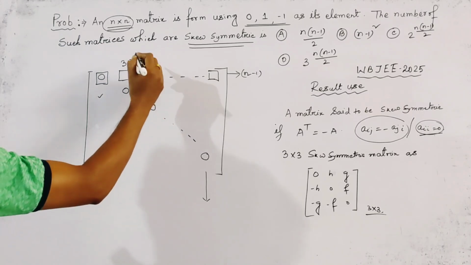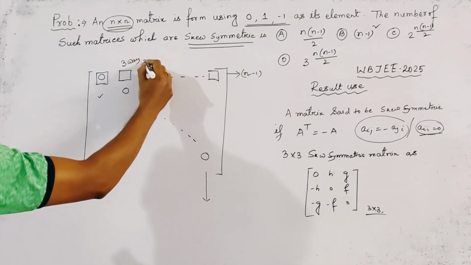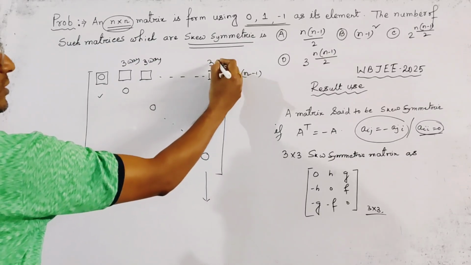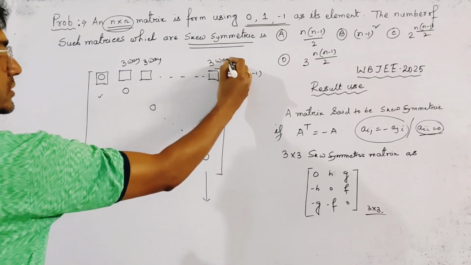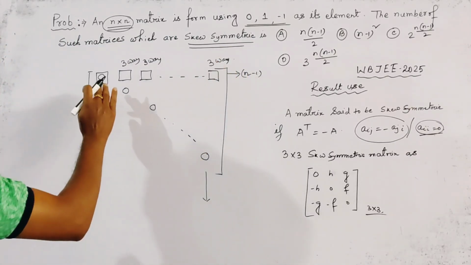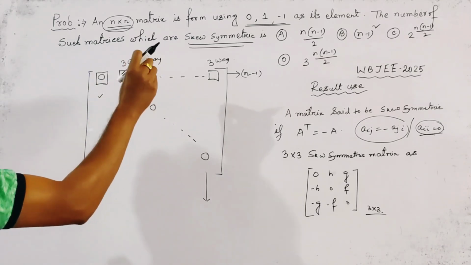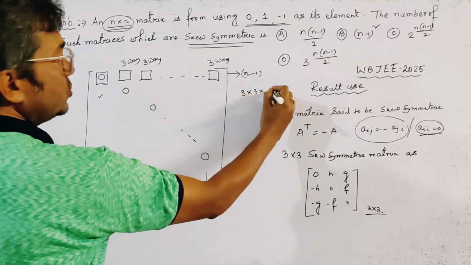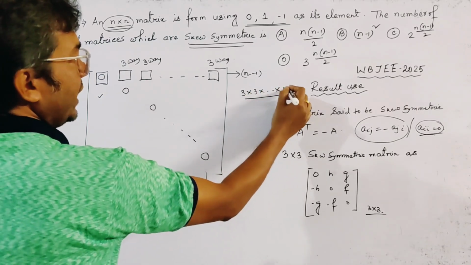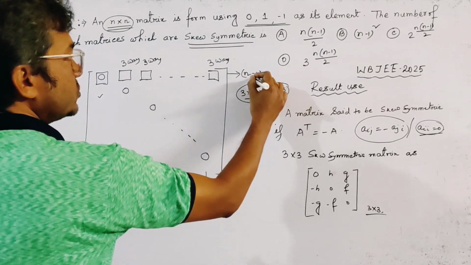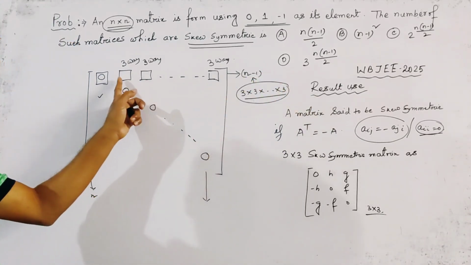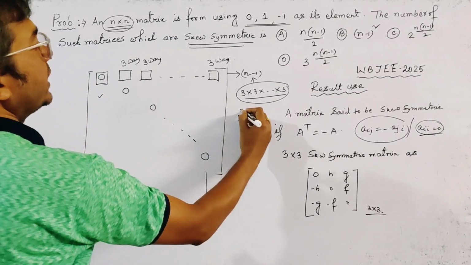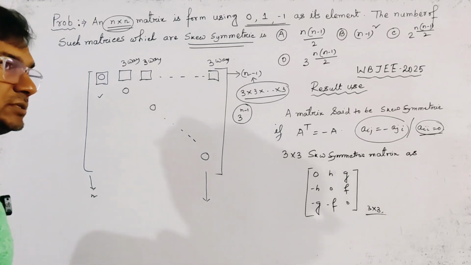Also this one is filled in 3 ways, and similarly this one too. So the total number of ways to fill the first row is 3 into 3 into 3, n-1 times, because there are n-1 blanks. So this is 3 to the power n-1 ways.